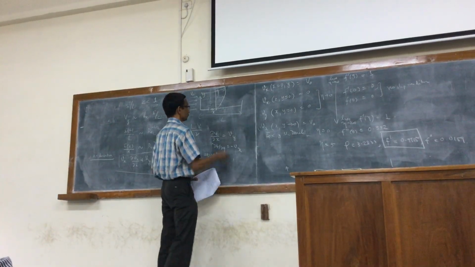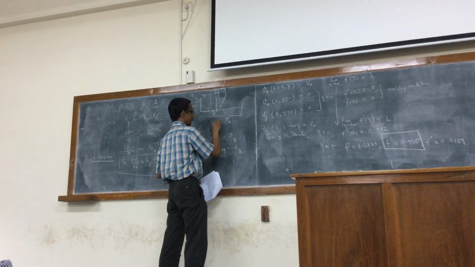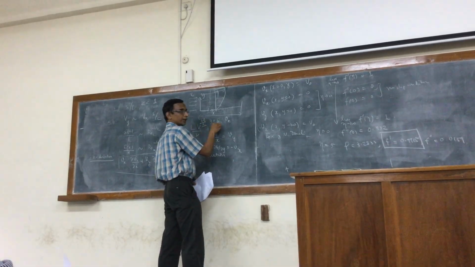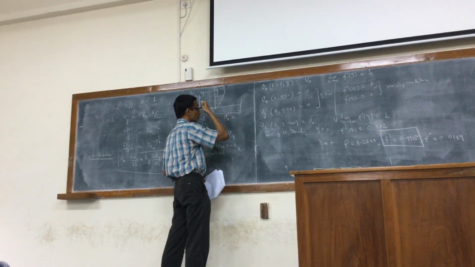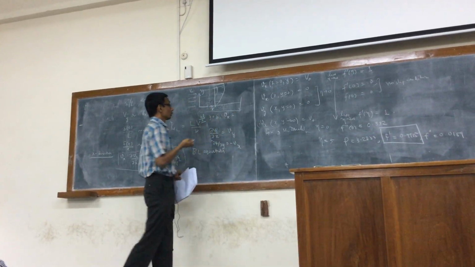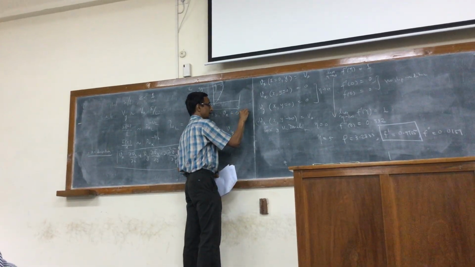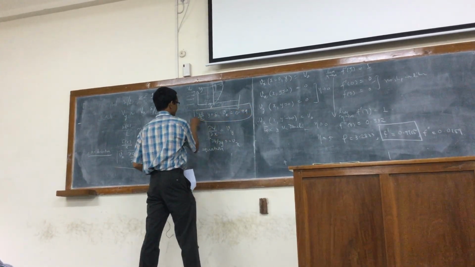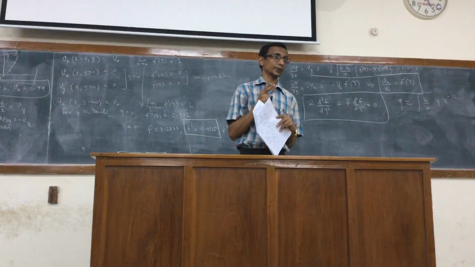Delta is sometimes taken as the y at which, at any x, vx is equal to 0.99 of v naught. It's a common definition that when we get 99% of the free stream velocity, we take that as defining the boundary layer thickness.